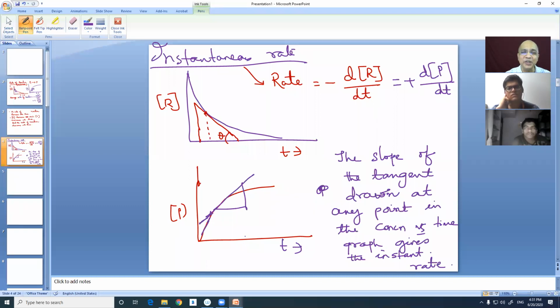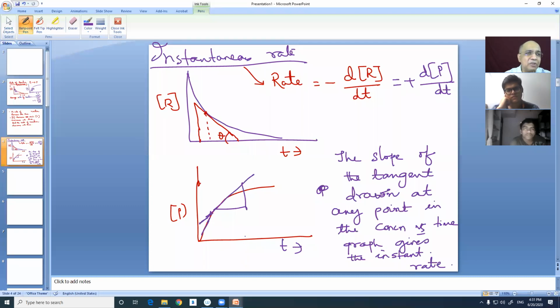Some years back I asked a batch of students: the product concentration is increasing while the reactant concentration is decreasing, so what will happen to the rate of reaction with respect to product?